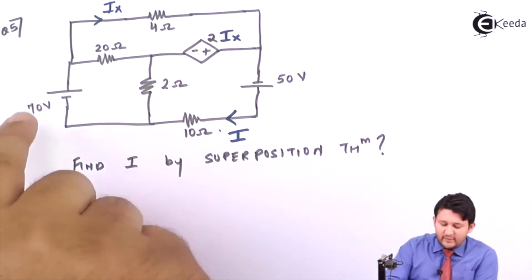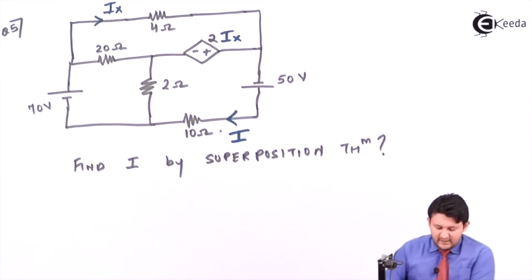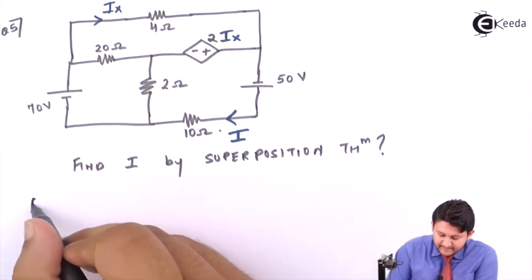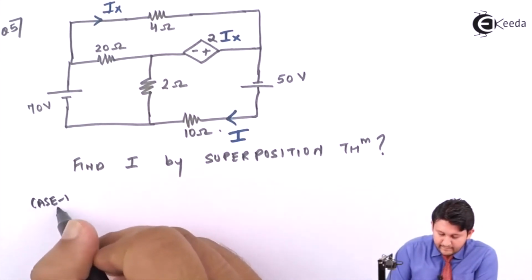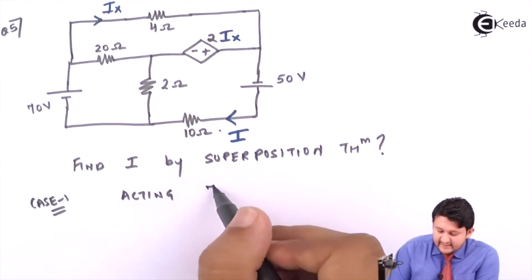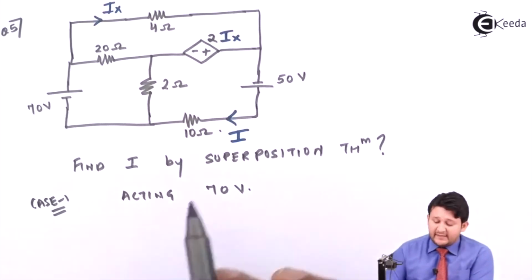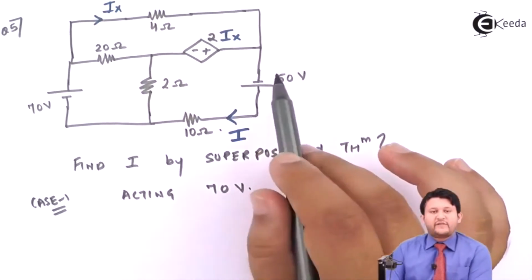In first case, you will be doing 70 volts. In second case, you will be doing 50 volts. That's it. So let's start with case 1. For case 1, your acting source is 70 volts. When I say 70 volts, my dear friend, that means I need to remove 50 volts.